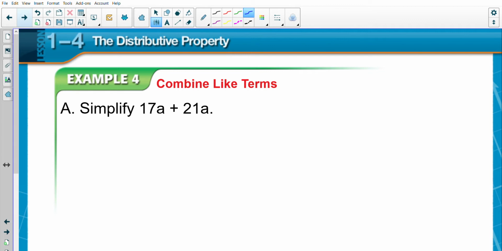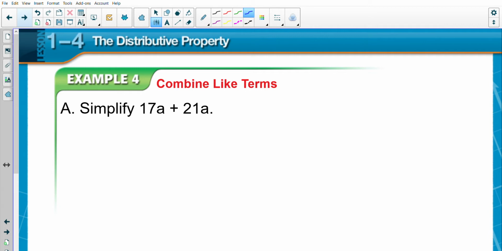Help me out. First of all, those two, can I combine those? Why? They have the exact same variable. Both of them have an A. When we talk about combining like terms, we combine like terms in addition and subtraction.